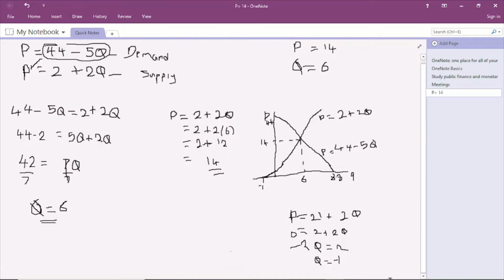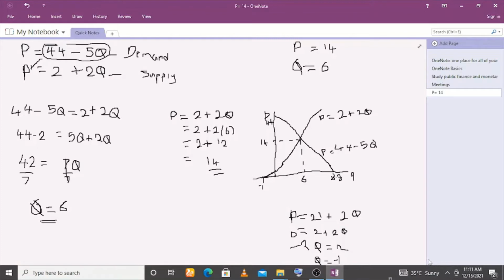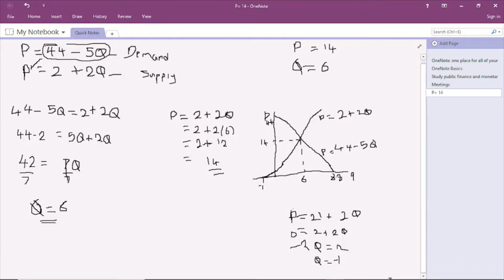And then suppose now if this Q was 0, then what is going to be P? Well, 2 multiplied by Q is 0, so P is just going to be equal to 2, because Q is 0.